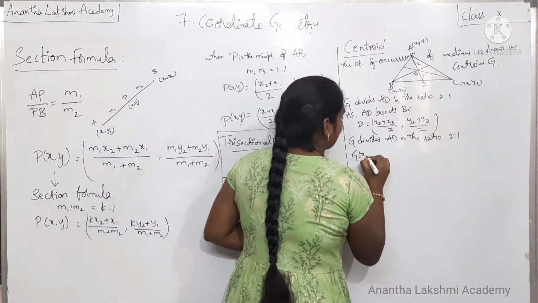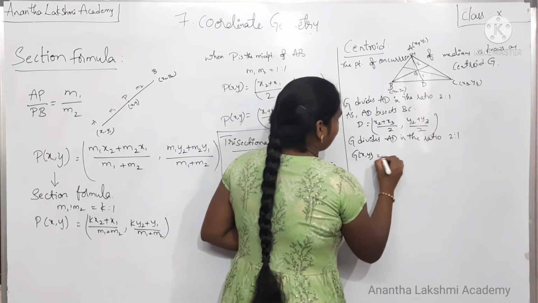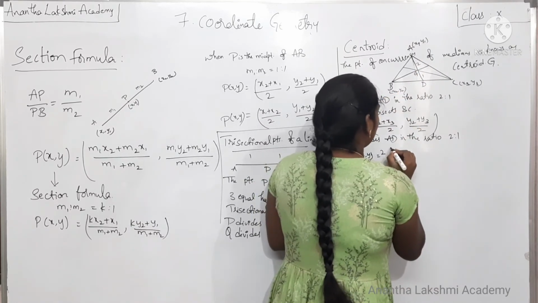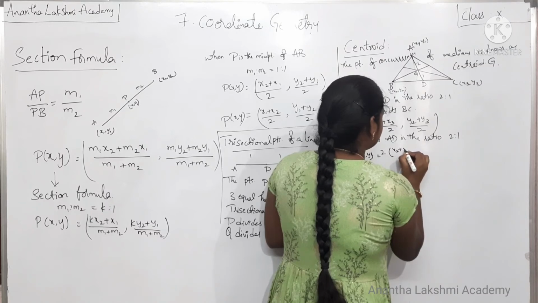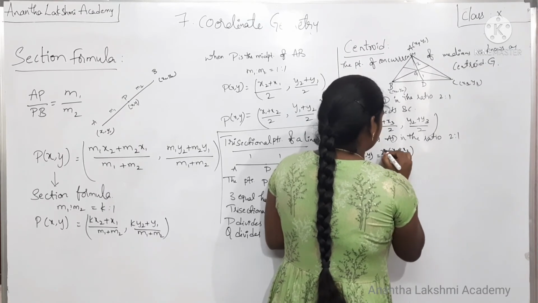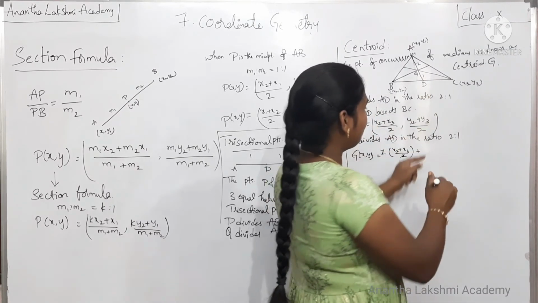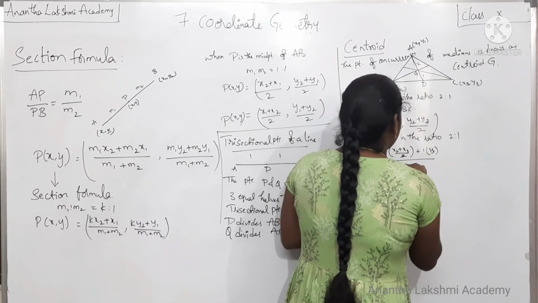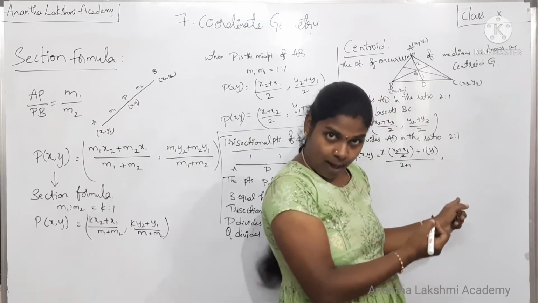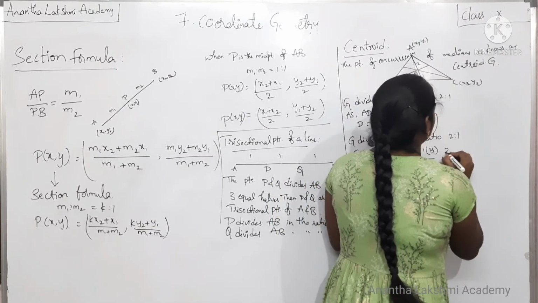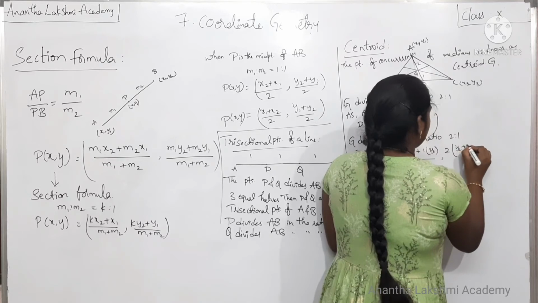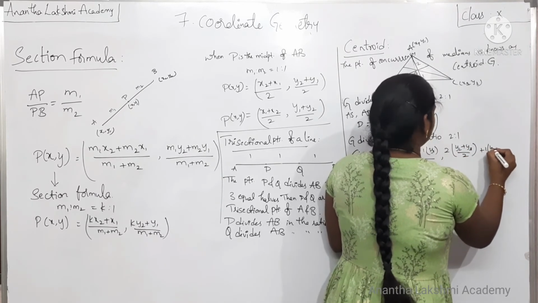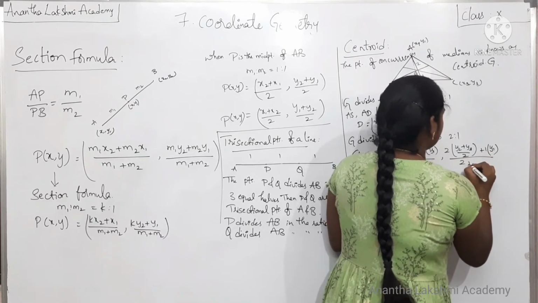G of x comma y is equal to m1 x2 plus m2 x1 by m1 plus m2, where m1 is 2 and m2 is 1: 2 into x2 plus x3 by 2 plus 1 into x1, by 2 plus 1, comma 2 into y2 plus y3 by 2 plus 1 into y1, by 2 plus 1.